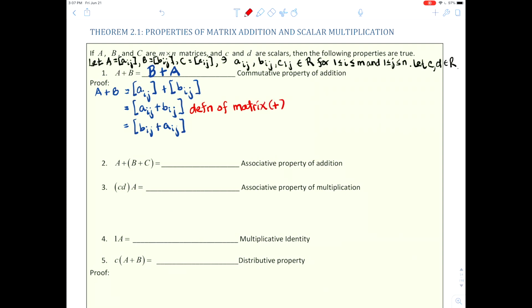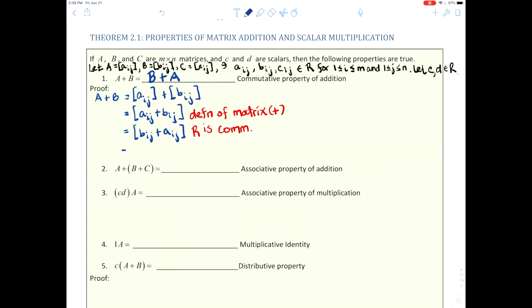This one is because the set of real numbers is commutative. And then what can we do now? Awesome. Break them apart again.